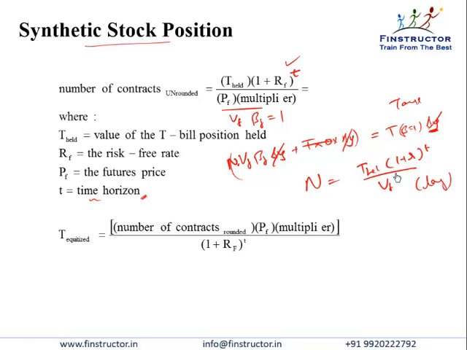The only problem with this approach would be that this n, as we just saw, may not always be a round number. N can be 10.8, it can be 5.6. However, longing 5.6 contracts is not possible. So what we normally do is, if it's 5.6, we'll long 6 contracts.